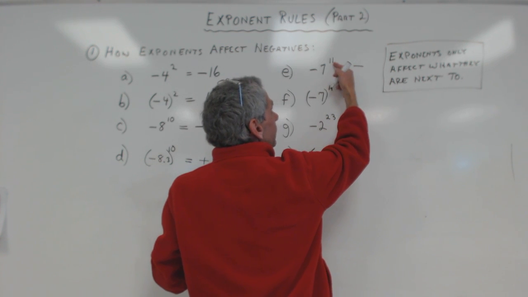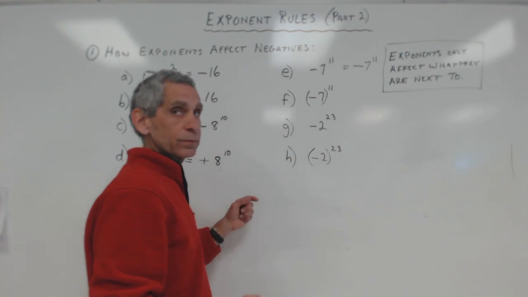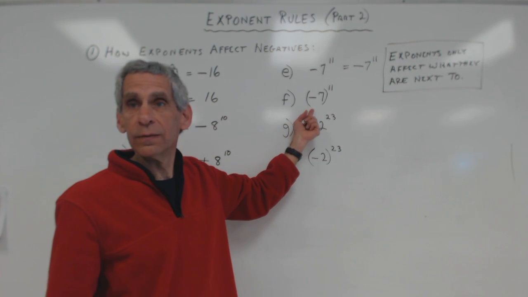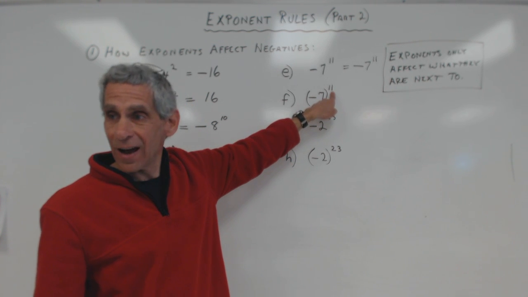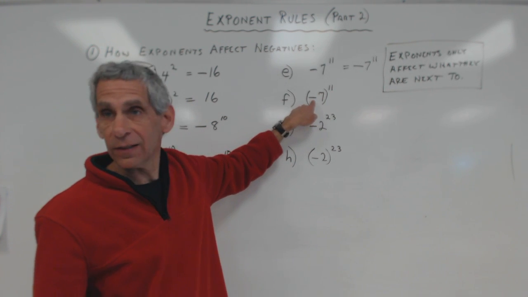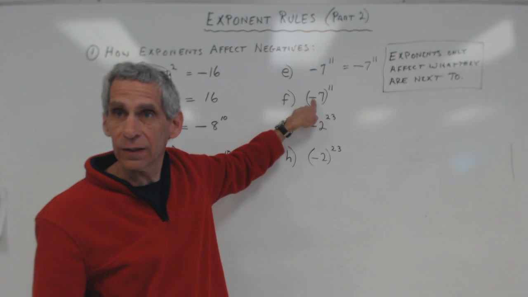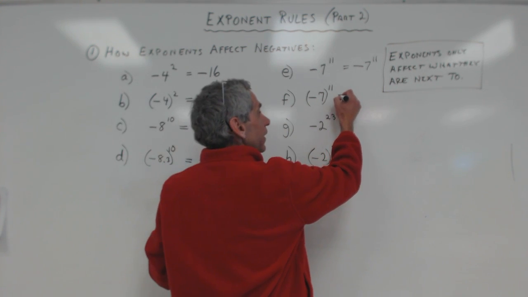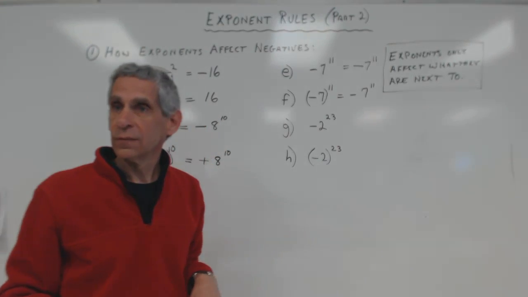The negative stays because the exponent doesn't affect it, and then it's 7 to the 11th. Now what about this one? The exponent is an odd number. It does affect this, except that because it's odd, it stays negative. You follow me? So I could just write it as negative, and then 7 to the 11th. You follow me?